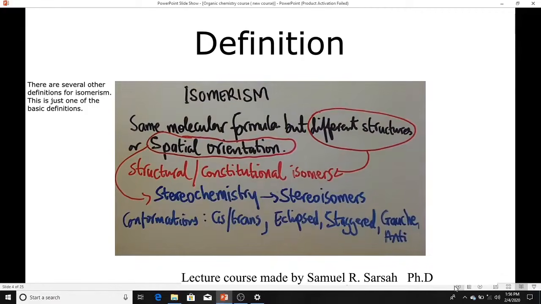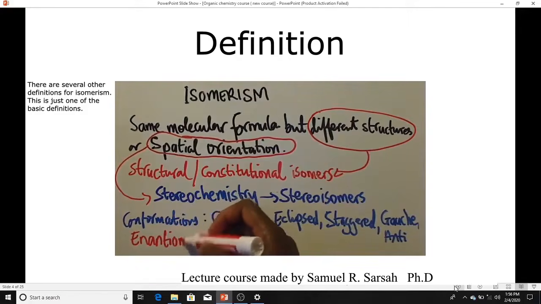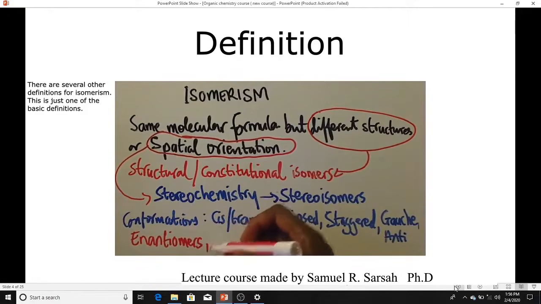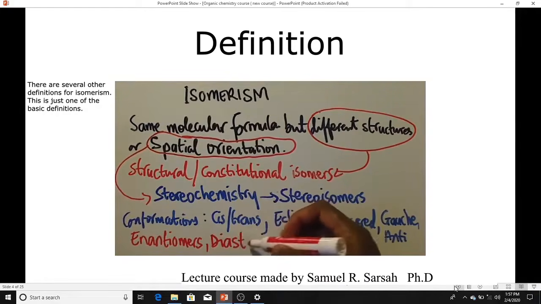And then on the other side we will also be talking about enantiomers, which are also stereoisomers that are mirror images of each other. And stereoisomers that are not mirror images of each other are called diastereomers.